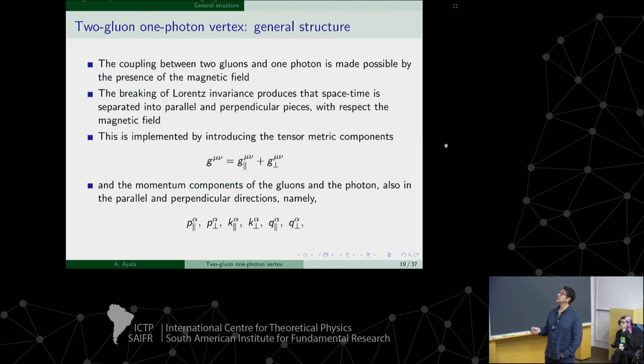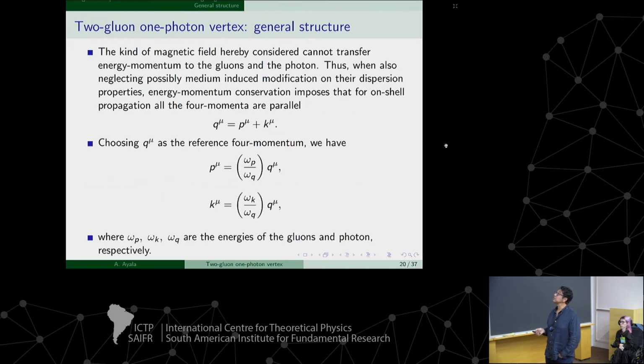And also, the 4-momenta of each of the particles that are participating are split into parallel and perpendicular directions. These are the momenta associated with the external particles, the photons. The Q goes with the photons, and K and P with the gluons. Each of them is separated into parallel and perpendicular directions.